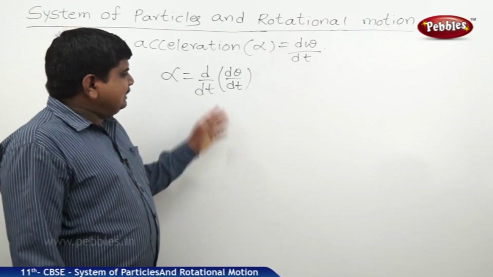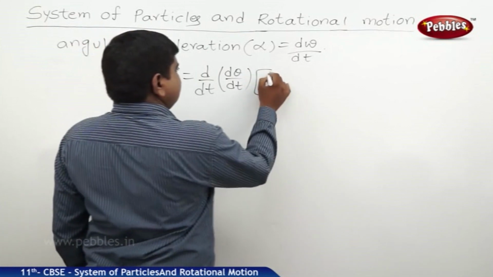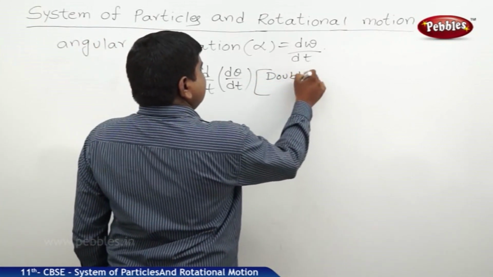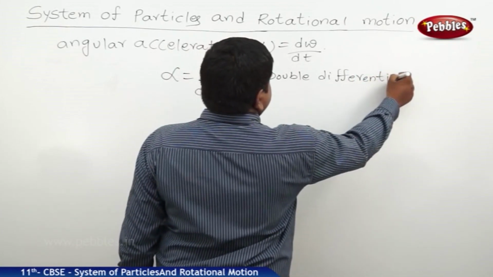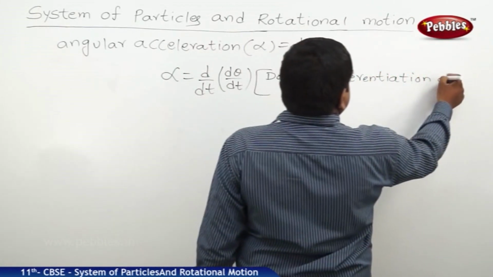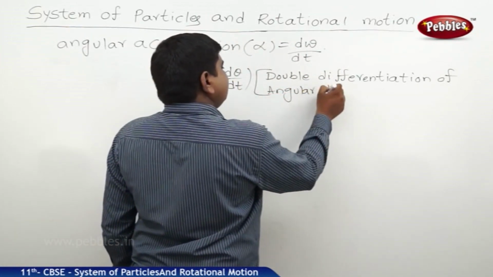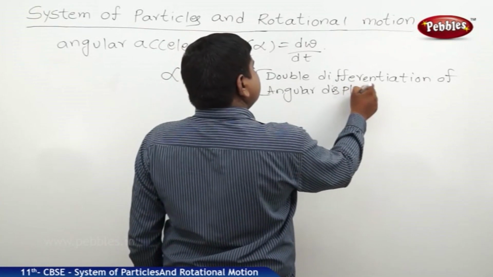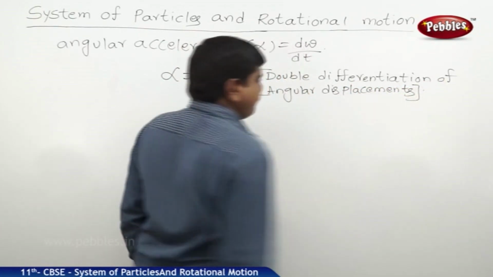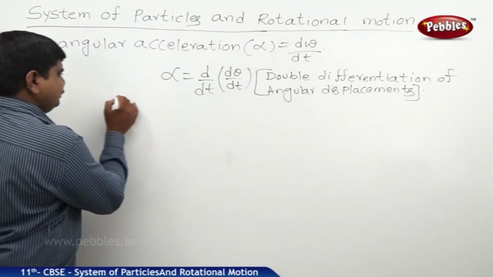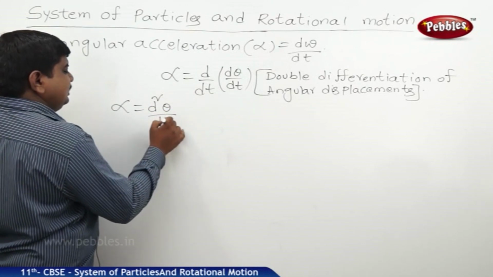So, it is nothing but double differentiation of angular displacement. So, alpha can be written as d square theta by dt square also.